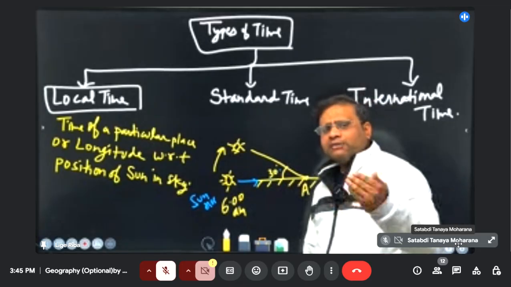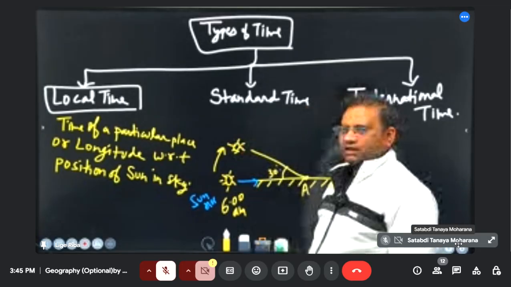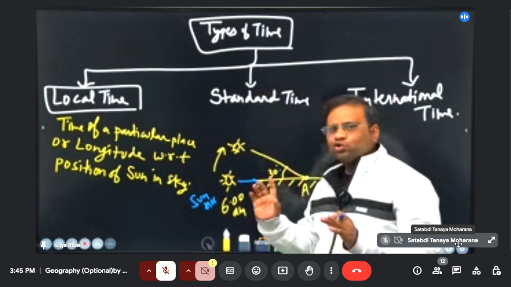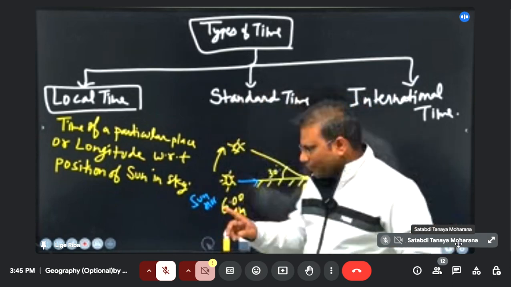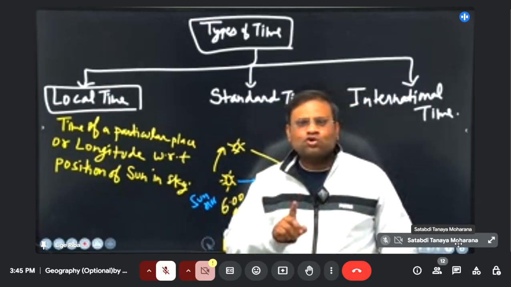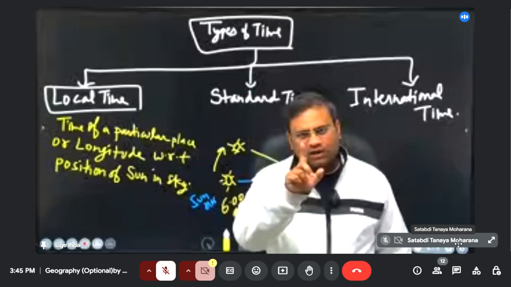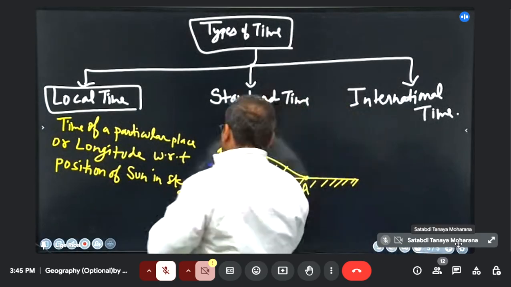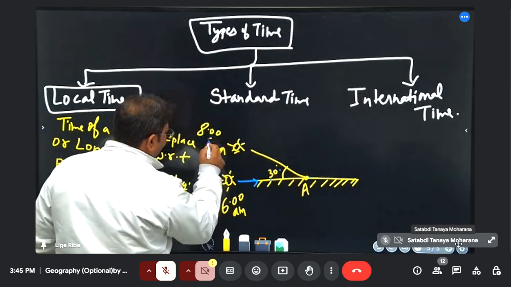Can you tell me what is the time when the sun will come here? You can tell. Because this angle is actually due to the rotation of Earth. So a 30-degree change means Earth is rotated by 30 degrees. So Earth rotates 15 degrees in 1 hour, 30 degrees in 2 hours. So add the 2 hours. So it is 8 a.m. now for this place.